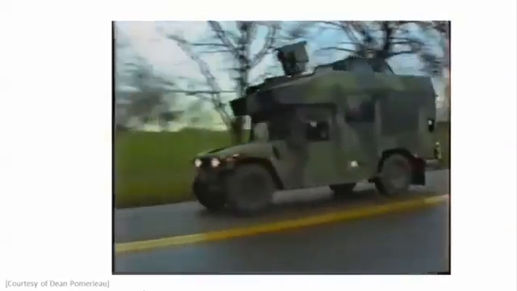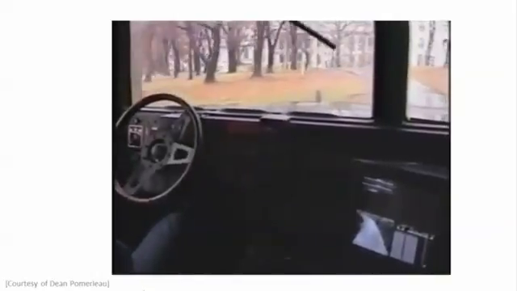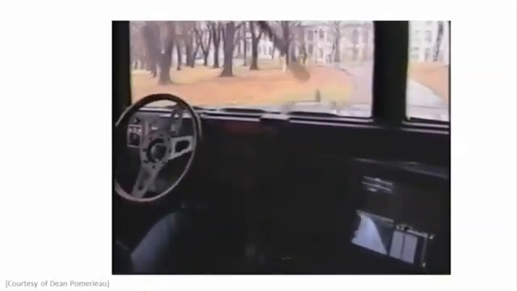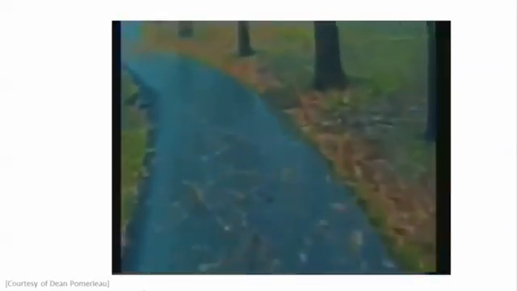After the networks have been trained, the operator pushes the run switch and Alvin begins driving. 12 times per second, Alvin digitizes an image and feeds it to its neural networks.